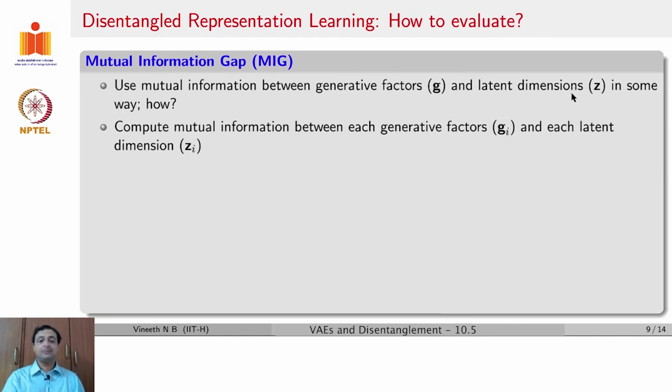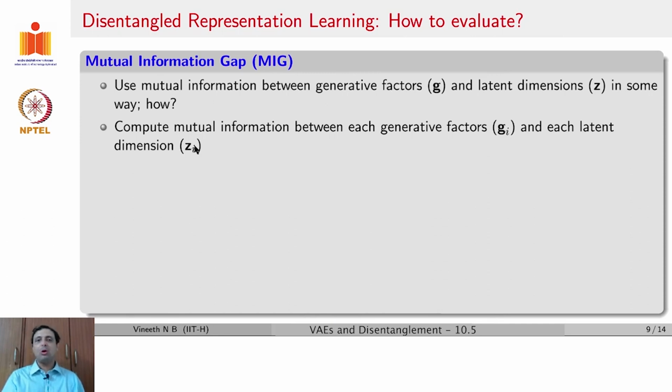How do we do this? We compute the mutual information between each generative factor Gi and each latent dimension zi. You would then have an entire matrix of mutual information between every pair: G1 and z1, G1 and z2, G2 and z1, so on and so forth.